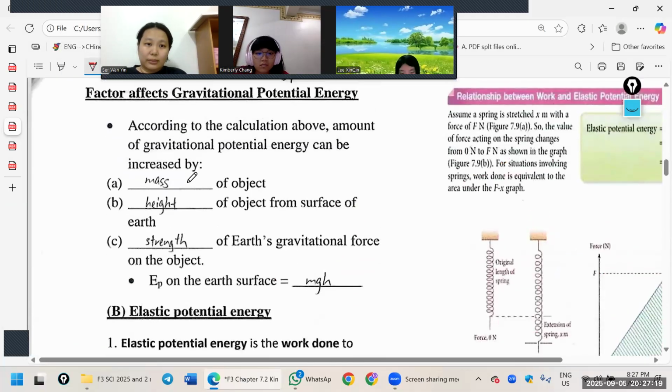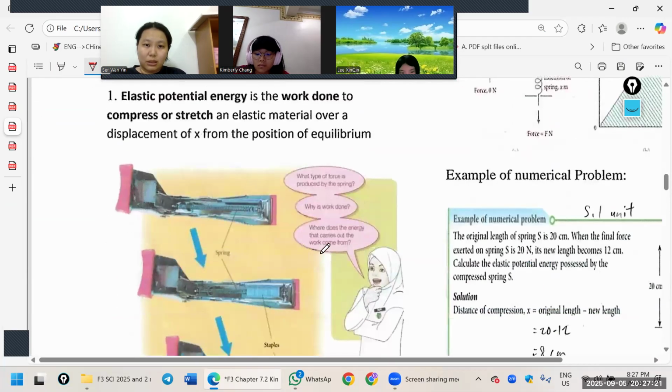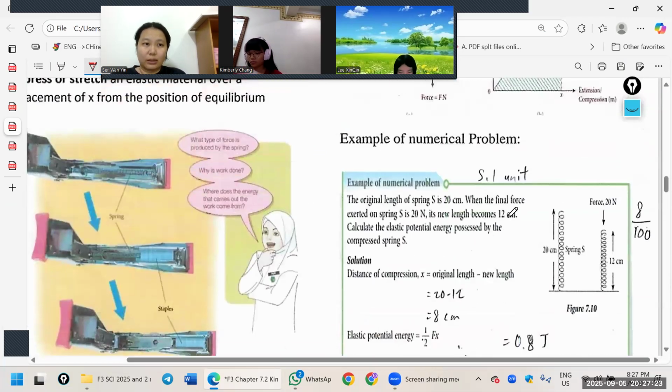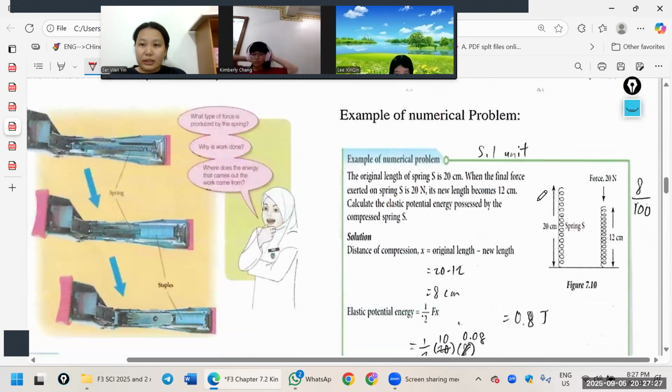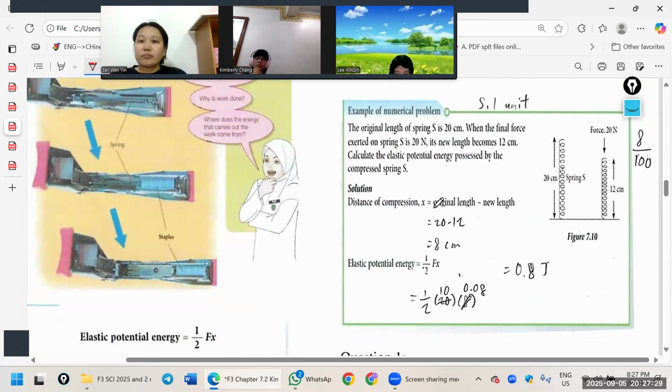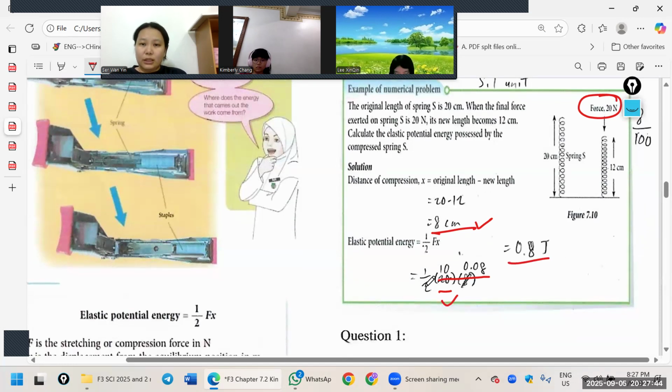Okay, now this one, mass height strength. Okay, this one is half fx. So half fx. So x, yeah, is 8. F is 20, correct? 8 is 0.08. It should be, oh yeah, correct. 0.08 joules.